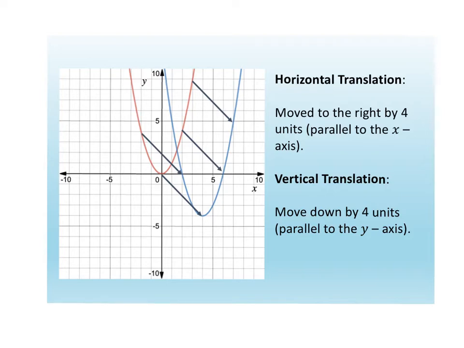Looking at the horizontal translation, if I use the turning point only, you can see that it's moved to the right by 4 units. And for the vertical translation, you can see that I've moved it down by 4 units.